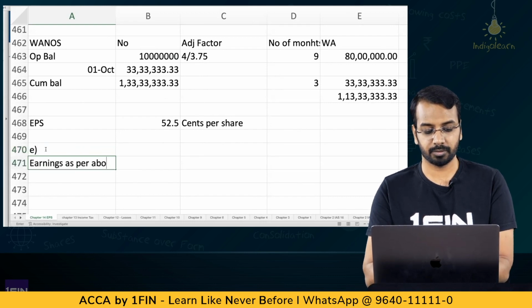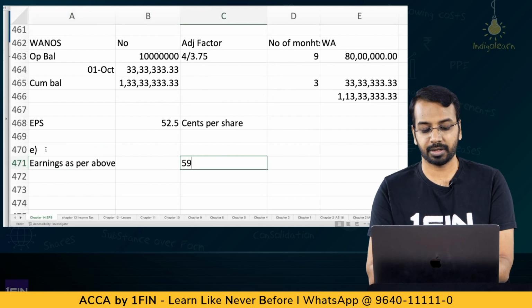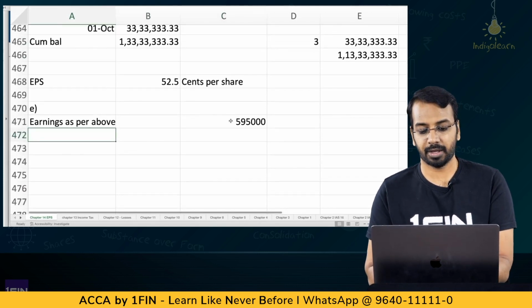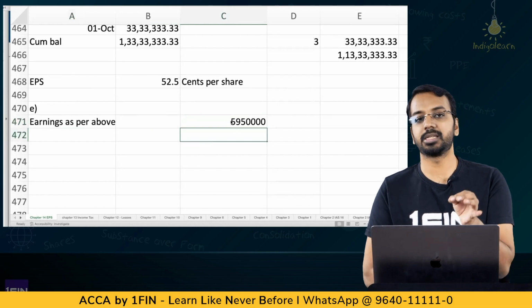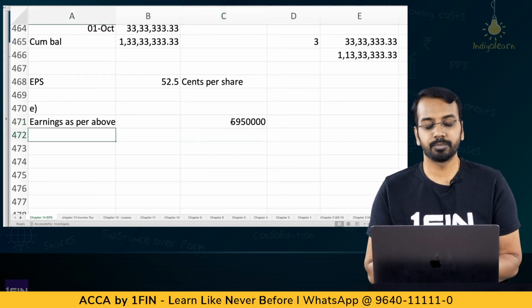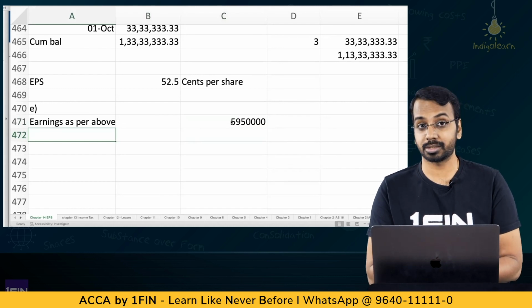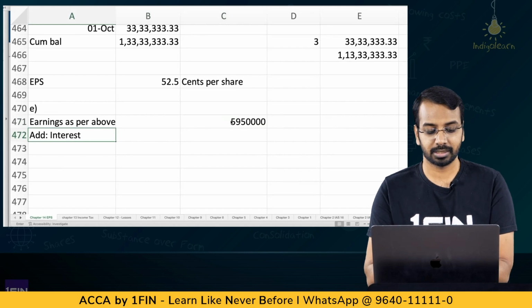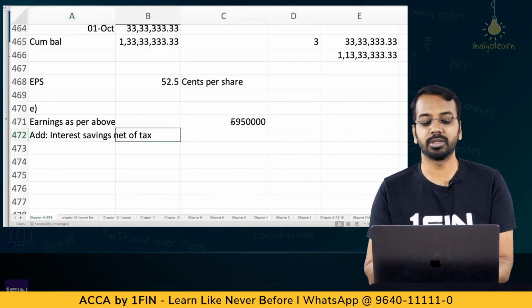Earnings as per above: 595,000. That is the earnings as given. Now, to this earnings, for the purpose of diluted earnings per share, we need to adjust the interest which will be saved. So add interest savings net of tax. Now, how much interest will be saved?